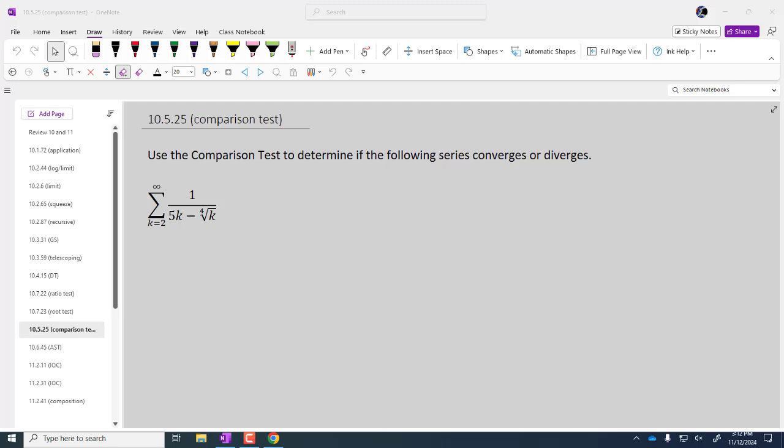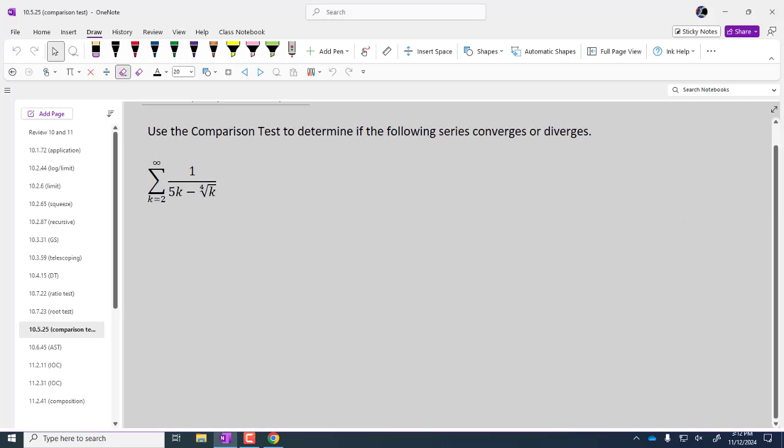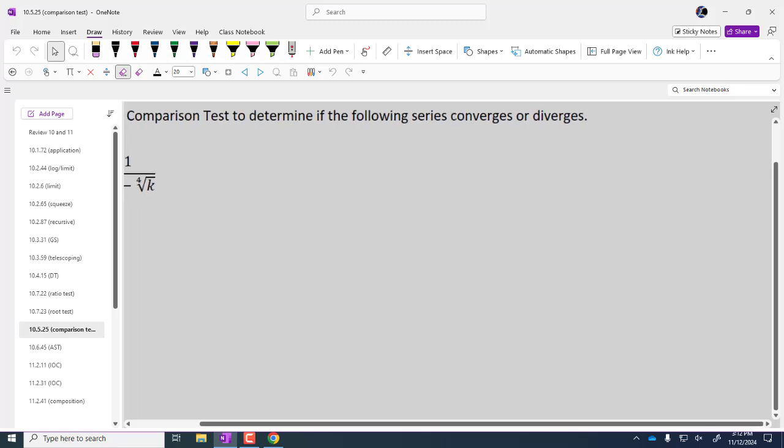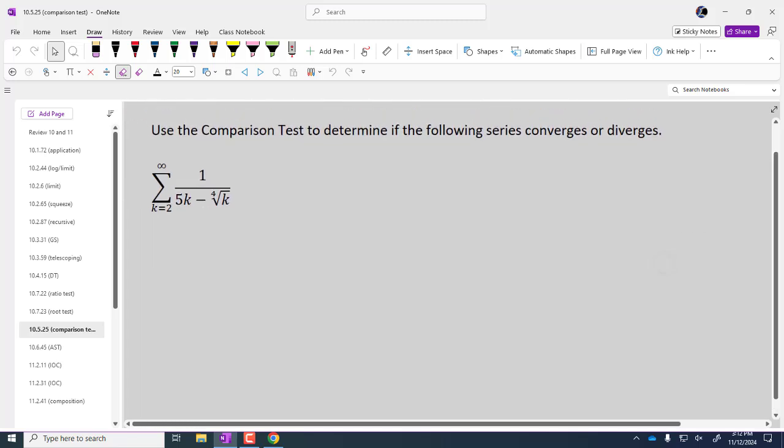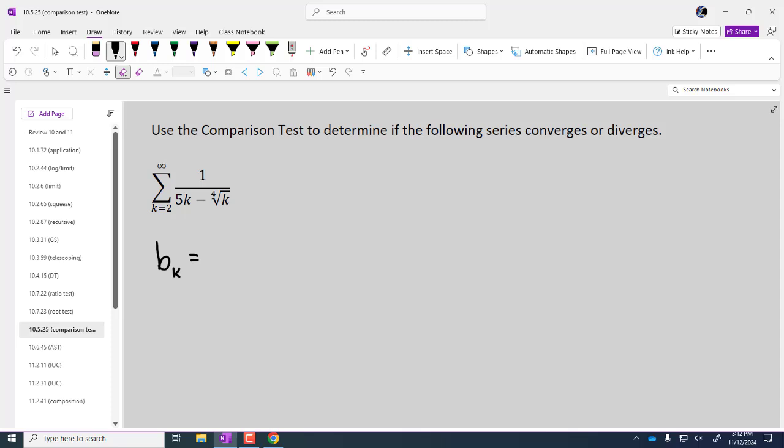Oh, wow, that's nuts. Okay, let's go with the comparison test here. So with the comparison test, we usually are trying to pick our own B sub k. So B sub k is what we are choosing, and we're going to use that to analyze the A sub k. And so generally with B sub k, we're trying to get rid of the less significant parts.